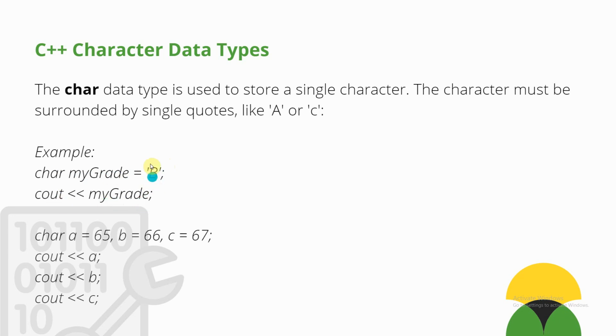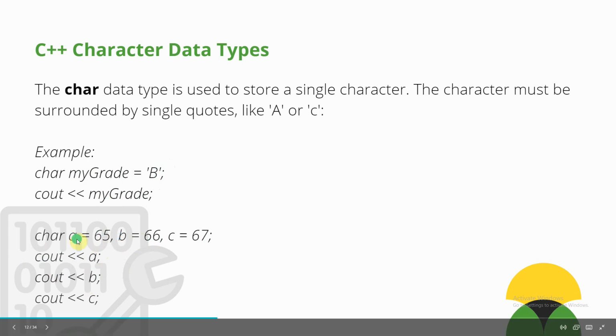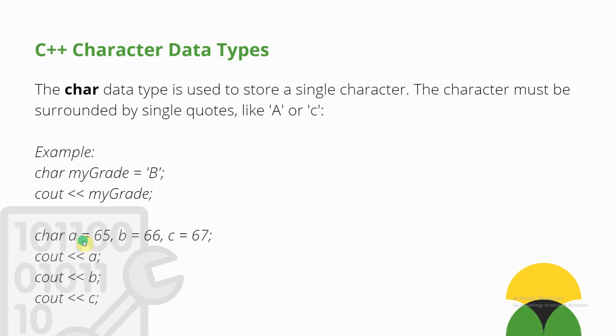It will display this single character letter. So for example, A, B, and C are equal to 65, 66, and 67. It will also display this output, the number represented by these character data types.